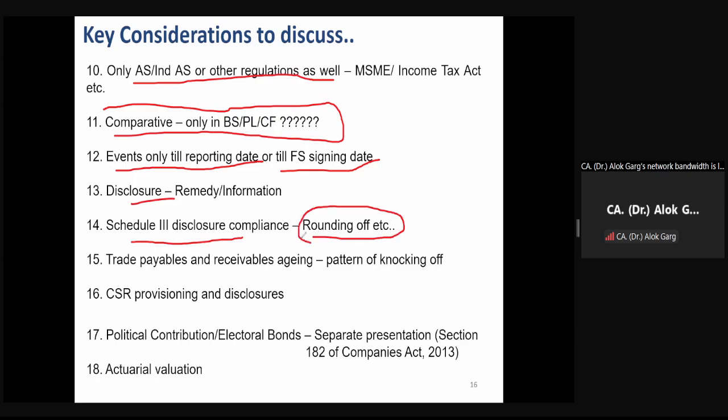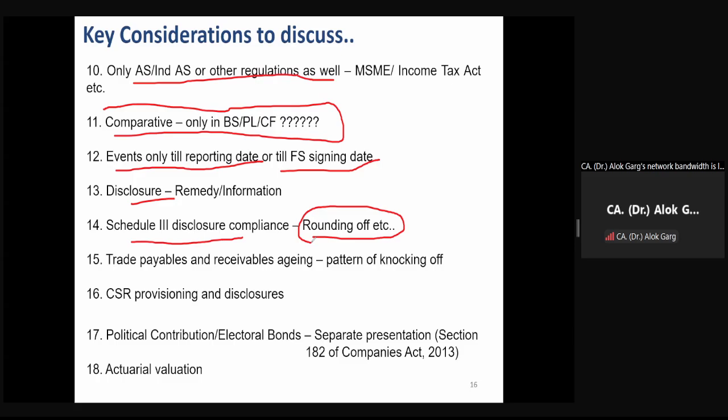So prior to March 2021, what happened? The rounding off was not mandatory for Division 1 schedule. Rounding was mandatory for Ind AS clients. But from 2021, this rounding off is applicable for all companies, even for a non-Ind AS compliant company.